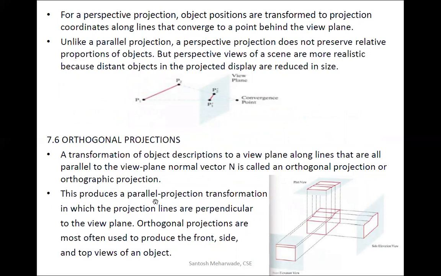This produces a parallel projection transformation in which projection lines are perpendicular to the view plane, that is, 90 degrees. All the projection lines are parallel to each other, but when they hit the view plane at 90 degrees, we call them orthogonal projections.